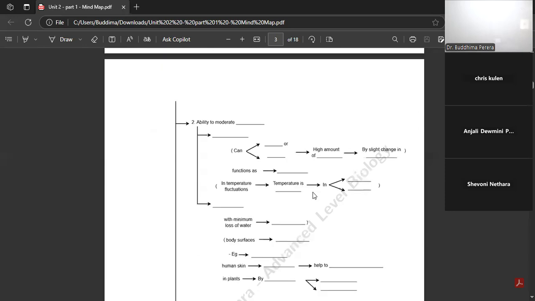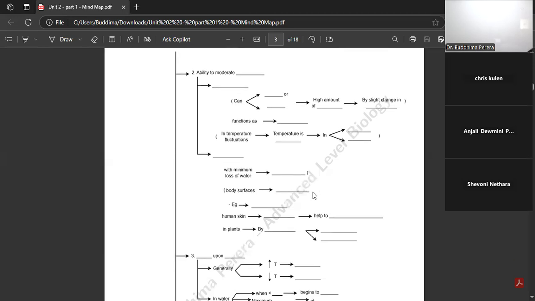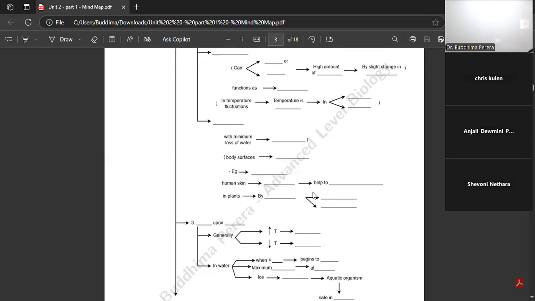Then the second one, on the third page, the ability to moderate temperature. Due to high specific heat, organisms can absorb or release a high amount of energy with a slight change in their temperature. Water functions as a thermal buffer. In temperature fluctuation, temperature is stable in aquatic bodies and living organisms.